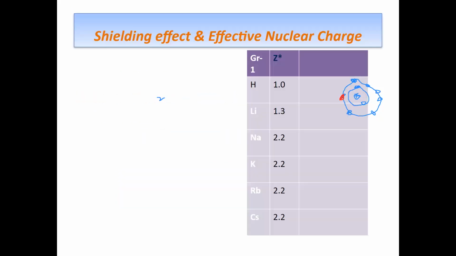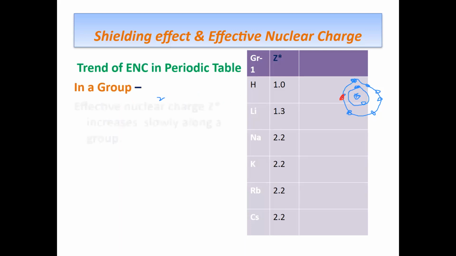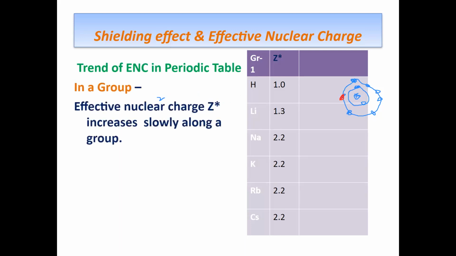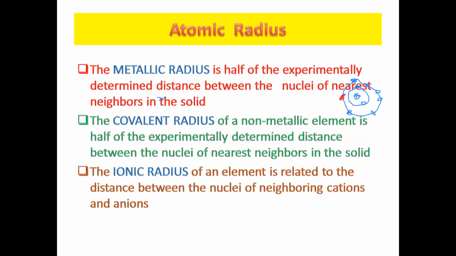So I think you understand what happens in the periods from left to right for effective nuclear charge. Tell me, does it increase or decrease? It increases, rapidly. Good. Now groups from top to bottom. Does effective nuclear charge increase as well? Yes.